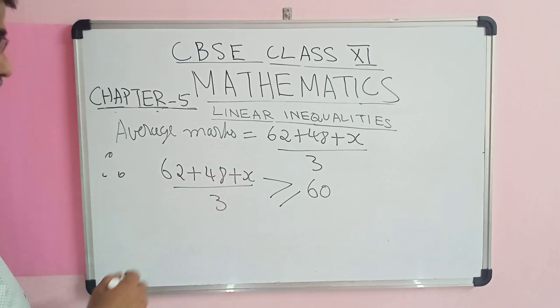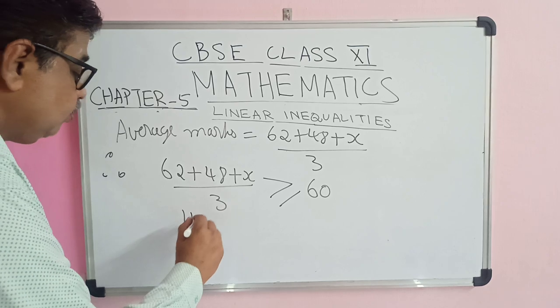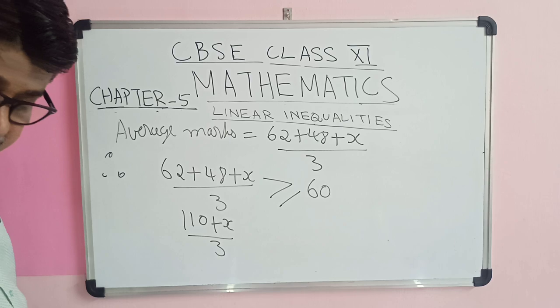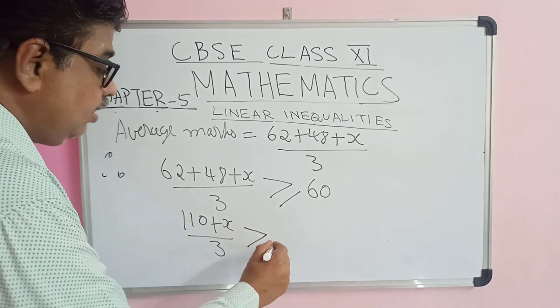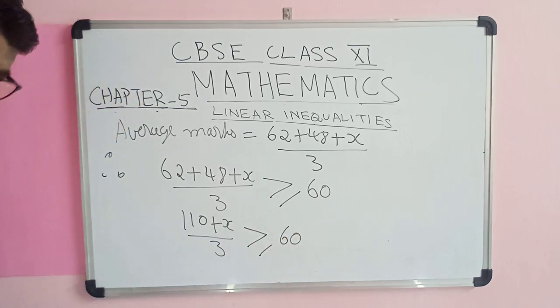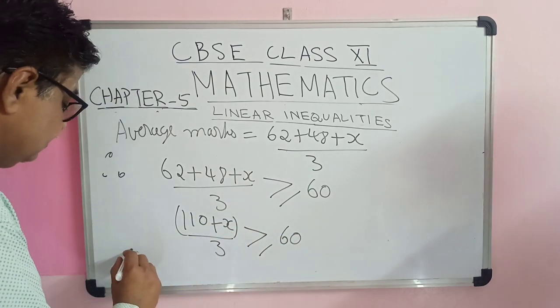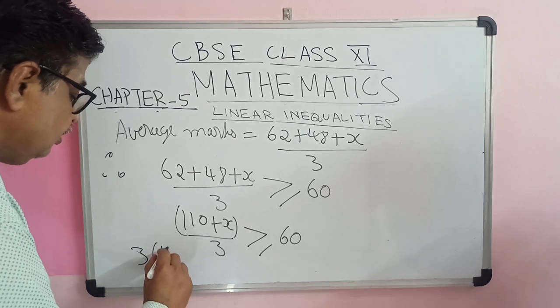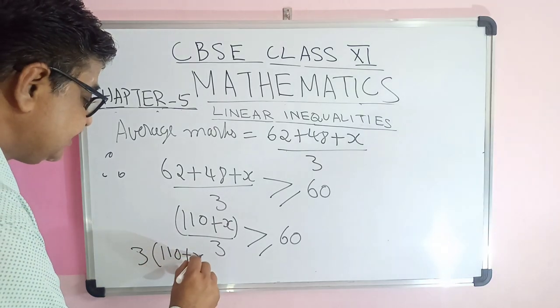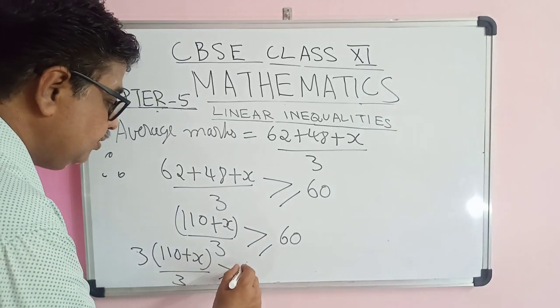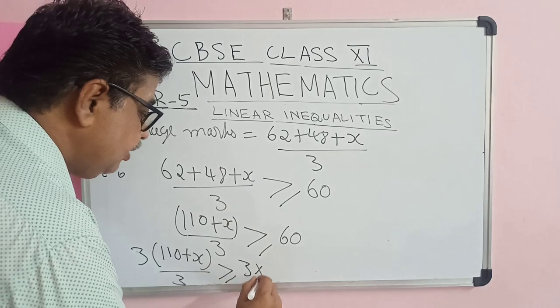So you simplify this, it becomes (110 plus x) divided by 3 greater than or equal to 60. Multiply both sides by 3. 3 into (110 plus x) divided by 3 is greater than or equal to 3 into 60.